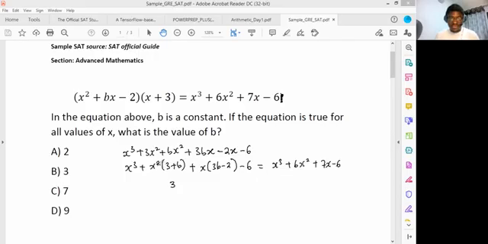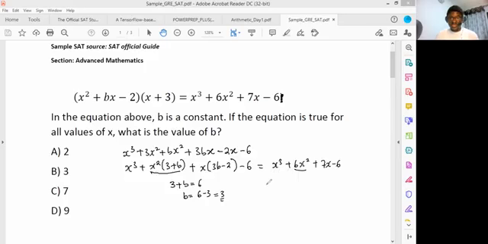So the x raised to the power of 2, and so the coefficient, which is 3 plus b, must equal the coefficient of the x raised to the power 2 term in the second expression on the right hand side. So 3 plus b must equal 6. And so from here we can say that b is equal to 6 minus 3, which is equal to 3. Okay, so simply by equating this term to this term, we've been able to solve for the value of b.